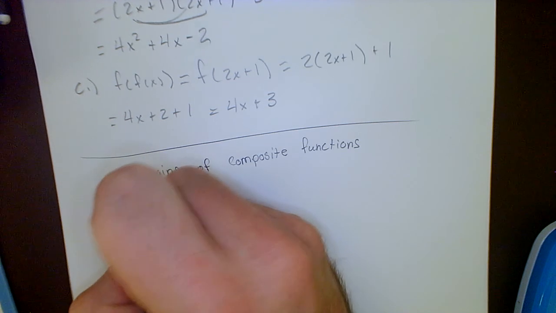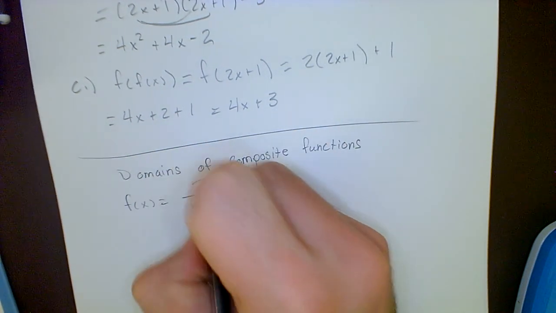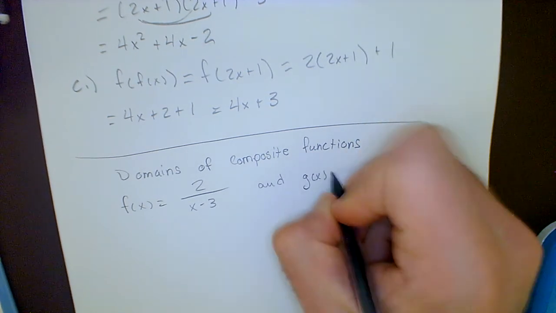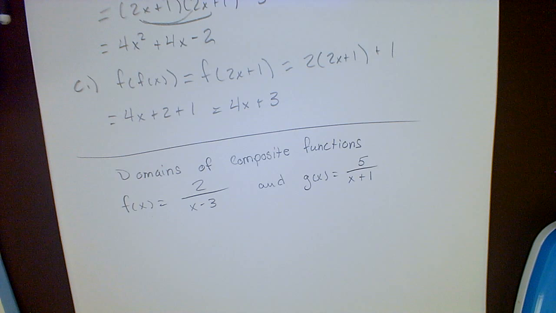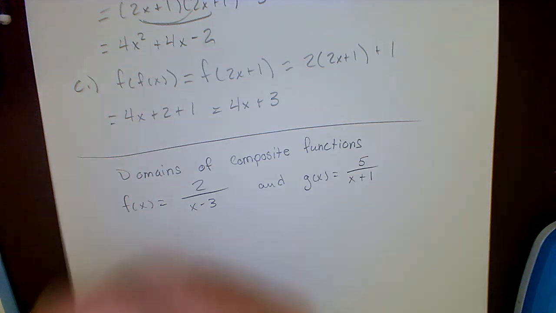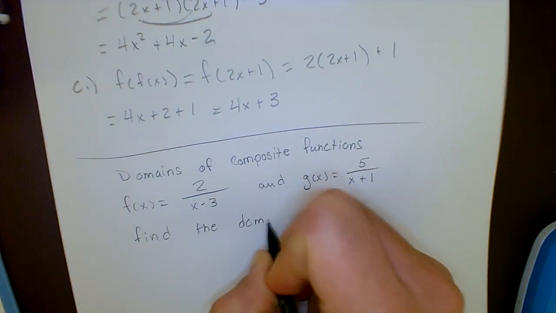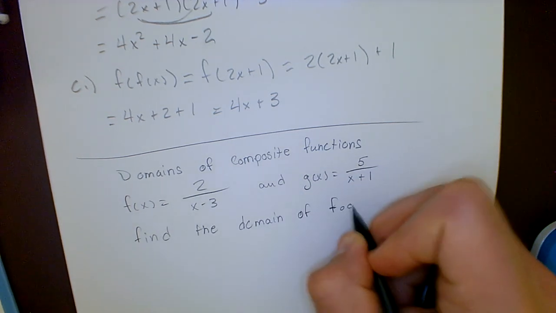Okay, so let's say we had f of x equal to 2 over x minus 3, and g of x equal to 5 over x plus 1. And they want you to find the domain of f of g.